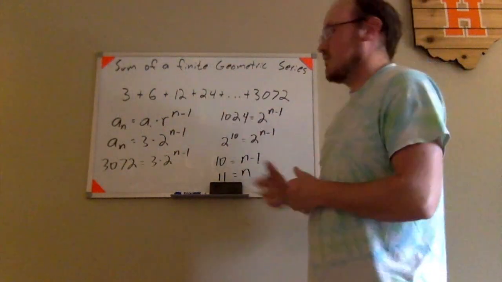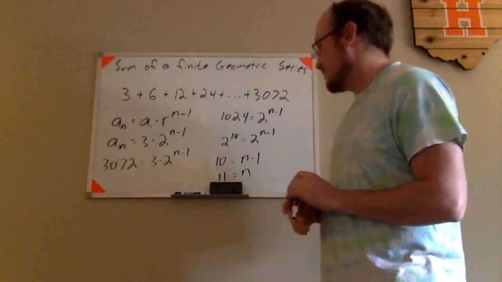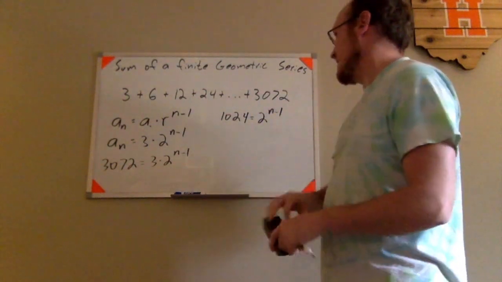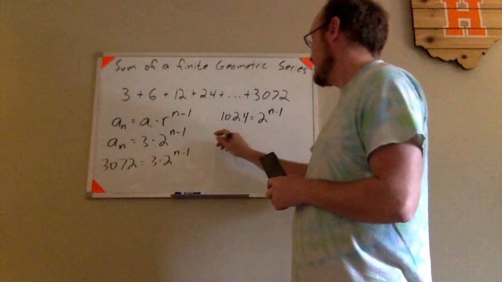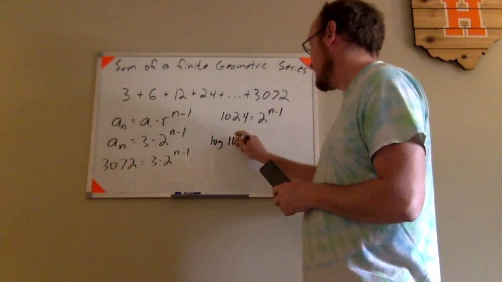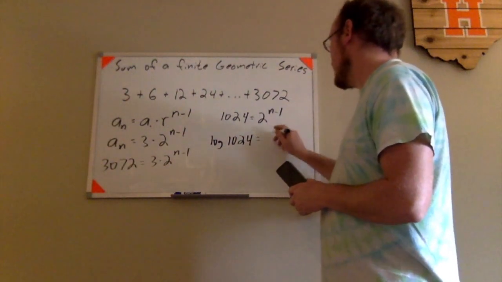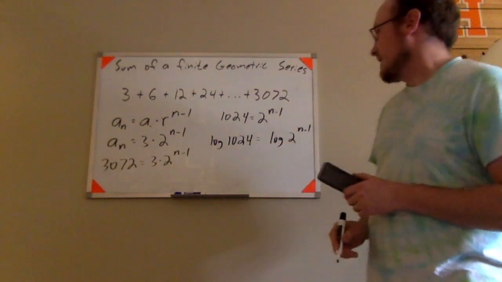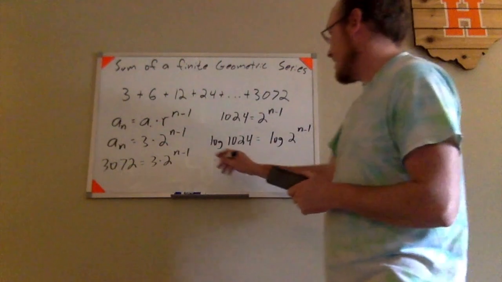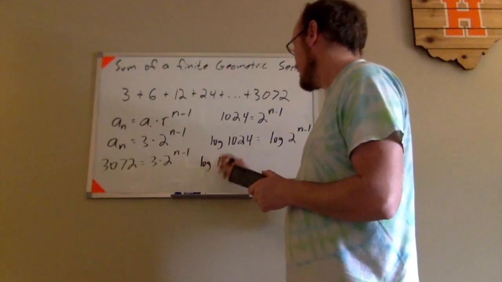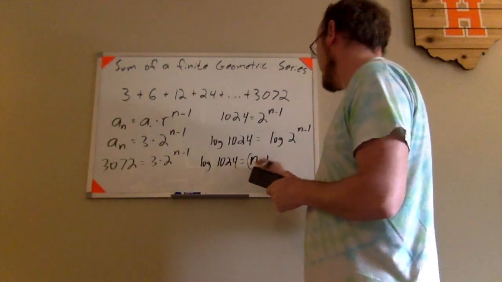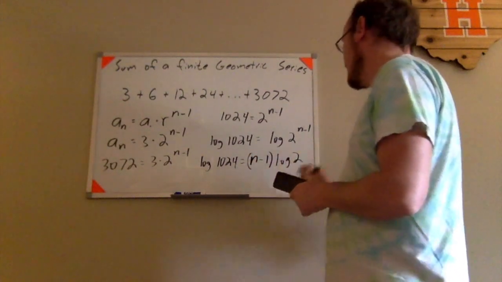If you don't recognize 1024 as being a power of 2, you could certainly use logarithms to solve that as well at that point. So you can take the log of each side. So I have log of 1024 equals log of 2 to the n minus 1. That allows me to bring this power down front, so I have log of 1024 is equal to n minus 1 times the log of 2.